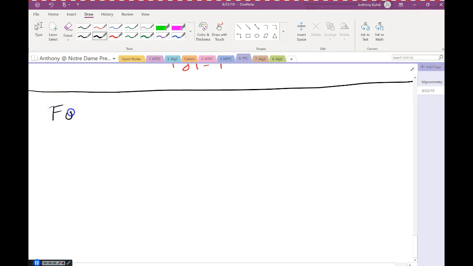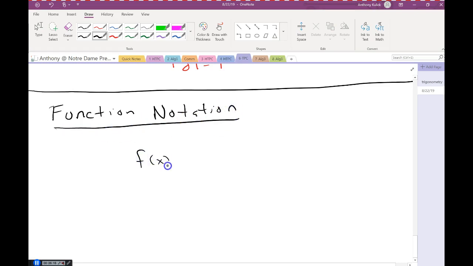What I want to do next is talk about function notation. So what we mean by function notation is we're using f of x's instead of y equals.